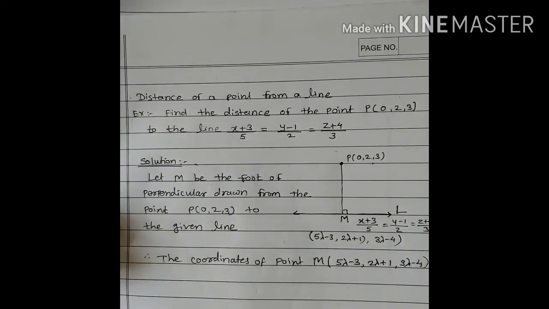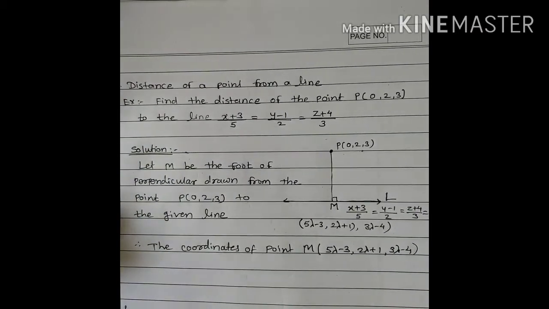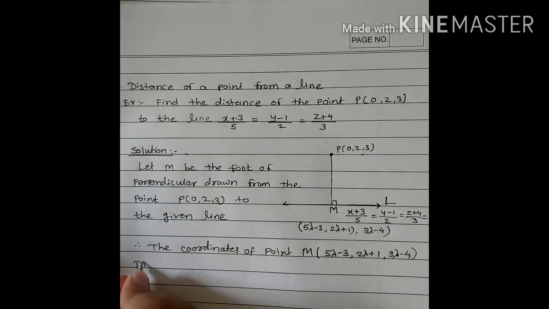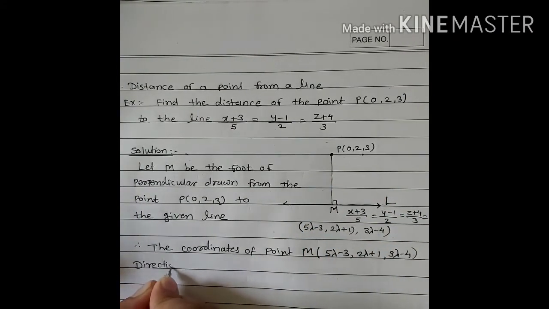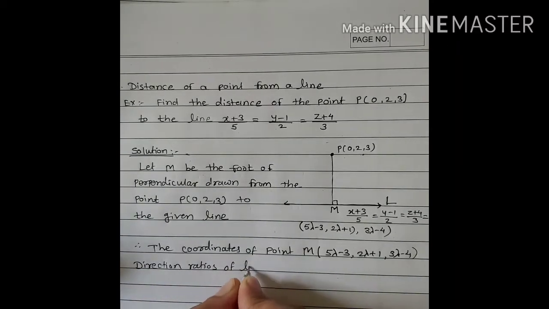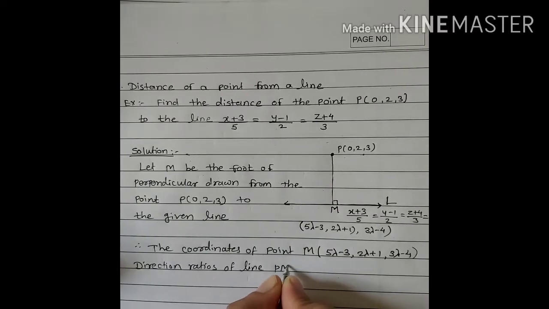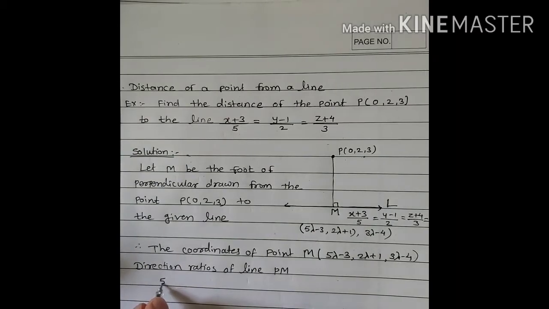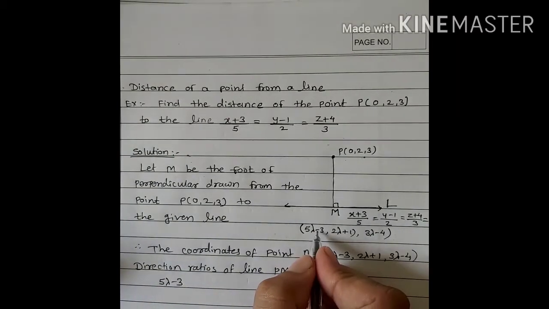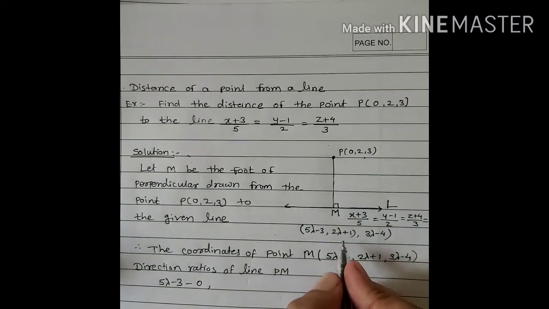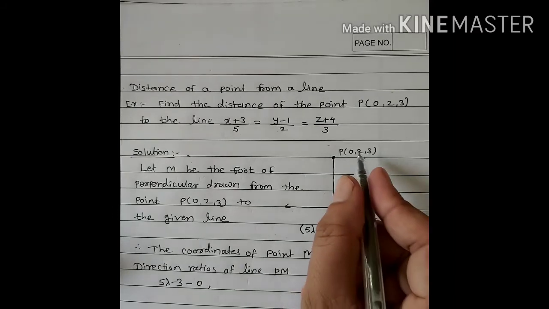Then next part, direction ratios. Direction ratios for this line PM. That is change in coordinates. X coordinate change 5 times lambda minus 3 minus of 0, that is change in x coordinate. Next, change in y coordinate 2 times lambda plus 1 minus of 2.